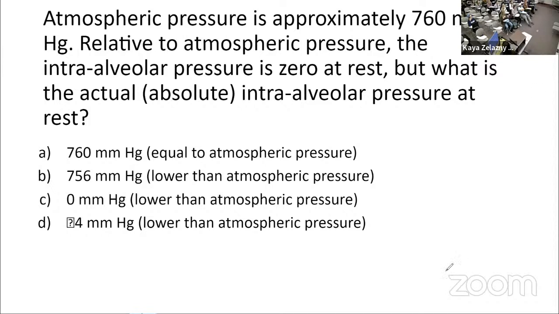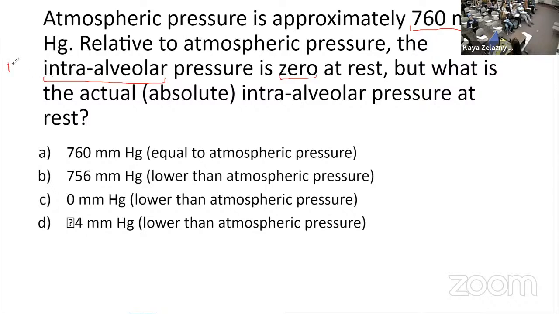Before we click through to the answer, we're just going to break up this question. Okay. So what we're saying is that the pressure in the atmosphere is 760. Okay, so that's our PATM. Okay. Now the next thing we're noting is that we have an intra-alveolar pressure of 0 when we're at rest.